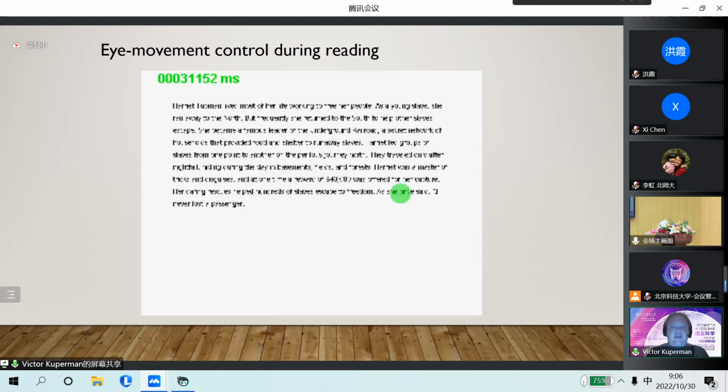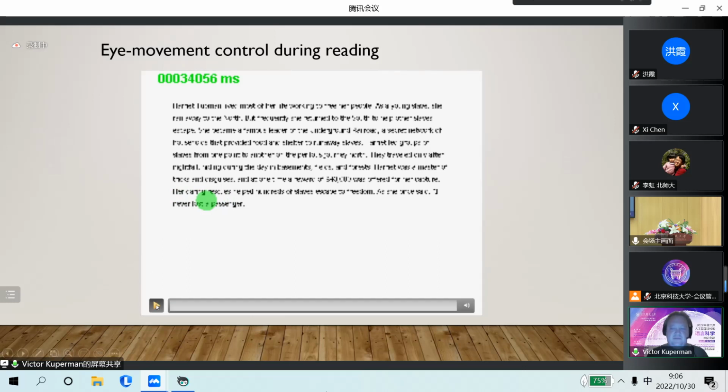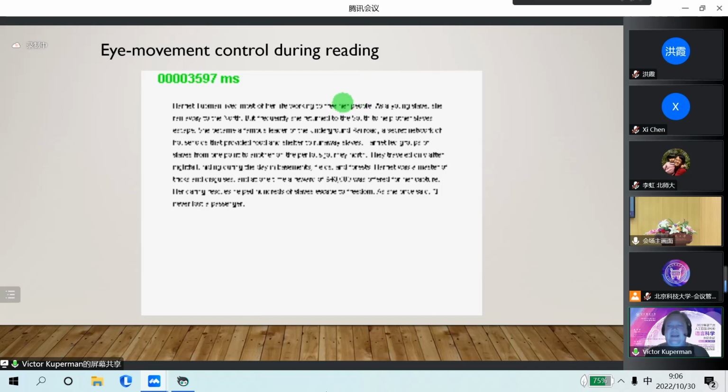And some of the words are not fixated even once. They are skipped. Others can be fixated more than once. I'll just start running it again. You can also see that at the end of the line, there's a big saccade to the beginning of the next line. And then occasionally the eye goes back, and typically it does so to revisit what has been read before.